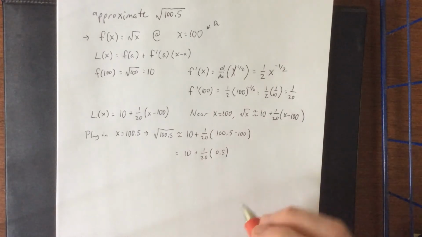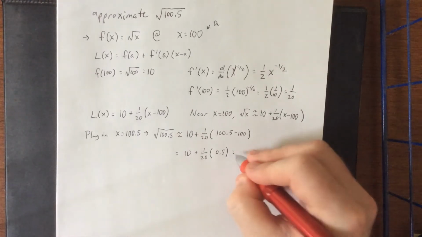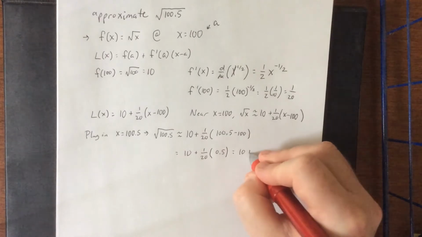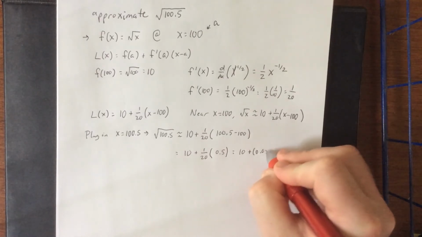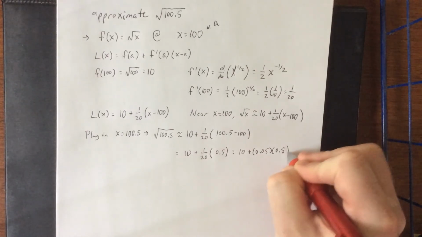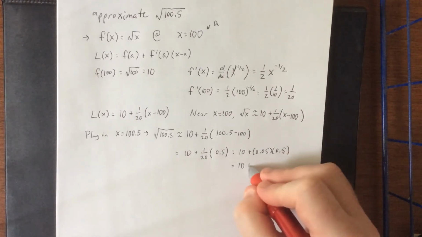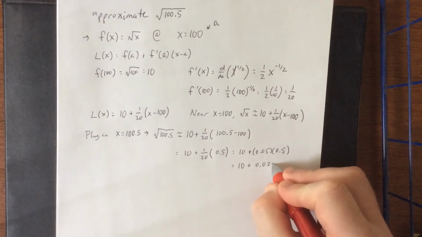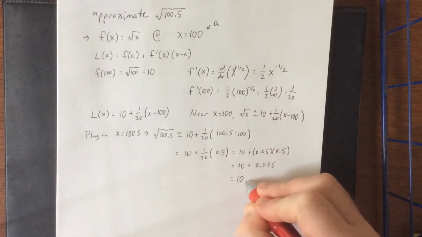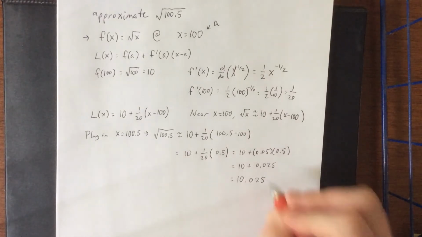This is saying take half of 1/20. Let's turn the 1/20 into a decimal though. So 10 plus 0.05 times 0.5. This is saying half of 1/20. This will be 10 plus 0.025, or a final answer of 10.025.